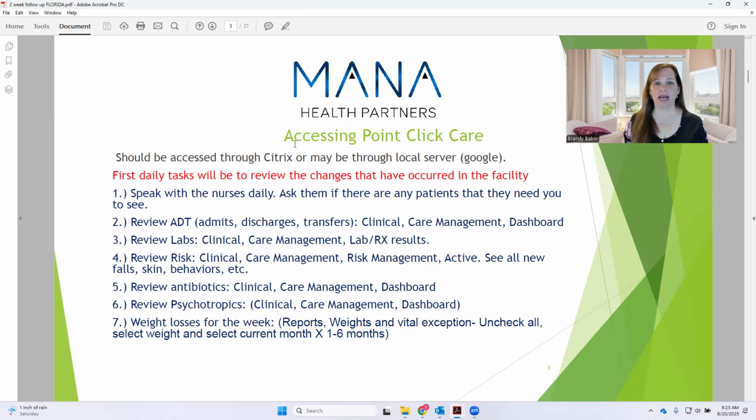So to access Point Click Care, you could be accessing it through Citrix. Some facilities access through Citrix still at this point, but most of them are either transitioning off of Citrix, where you would just go through your local server. But if you're still using Citrix, you would utilize it through there.